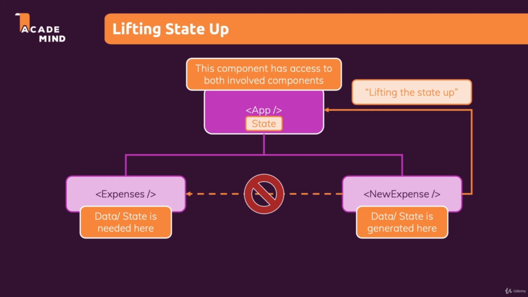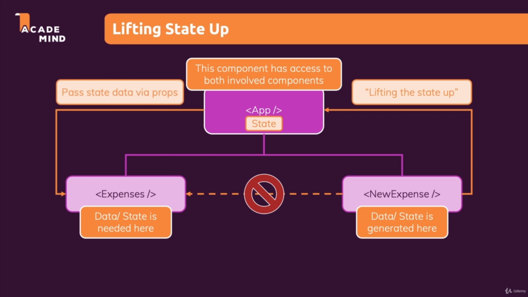We are lifting the state up, we are passing data up to some parent component because we either need that data directly in the app component, or, as it's the case in our demo application, and as it is quite common, because we then want to pass that data down to another component via props. That's what we did in the last course lecture. And that is an important concept.